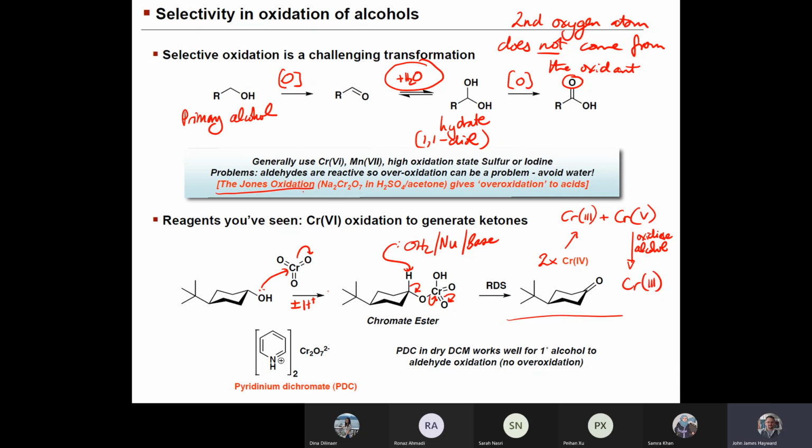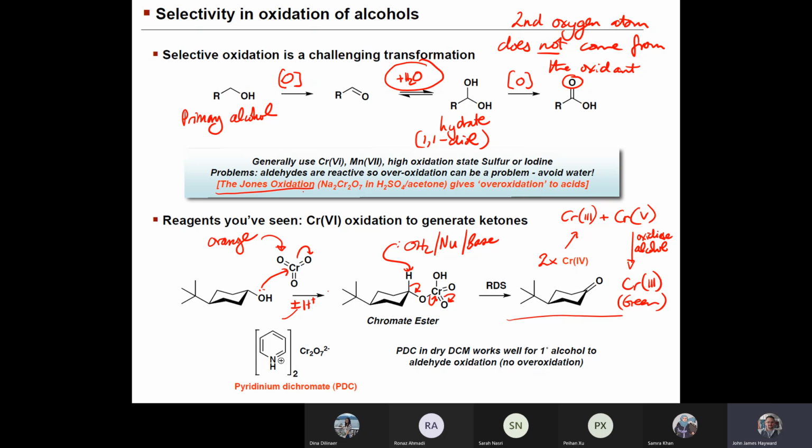So whenever you are doing a chromium-based oxidation, you often end up with a kind of green sludge at the end, and green is the color of chromium 3 in aqueous solution, whereas chromium trioxide is orange, especially sodium dichromate.